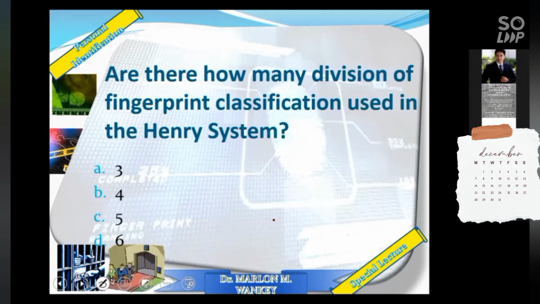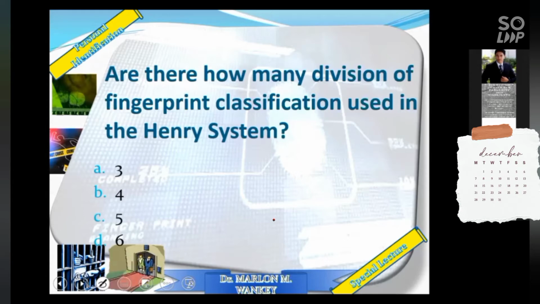Yung noon, it was originally started from the main 4 classifications, which are primary, secondary, subsecondary, and final. However, it was later added with key and major upon the initiative of the FBI. If it is only Henry system, there are 4.